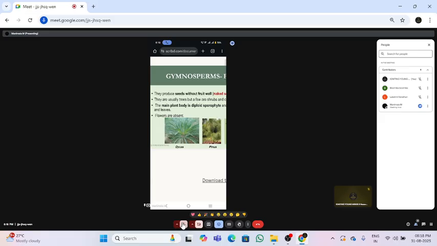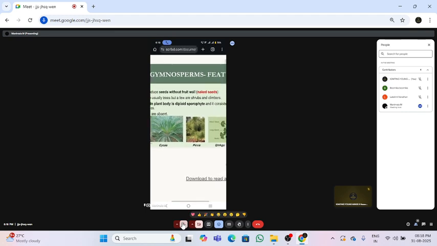And the word gymnosperms was used by Theophrastus, in his book Enquiry into Plants. In this book only, he mentioned that gymnosperms are naked seeded plants.